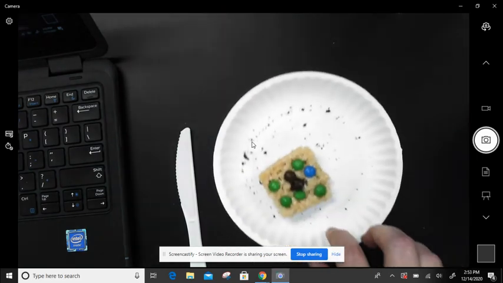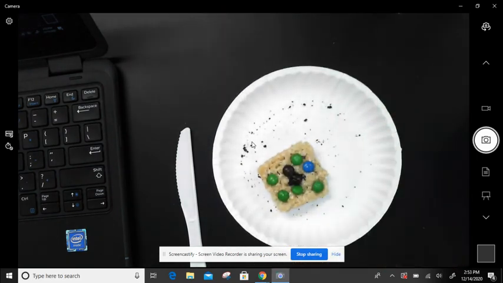Now, in this case, the gluing together or the cementation is coming from something that's already in the Rice Krispie. Hopefully, you've made Rice Krispie treats at home. But if you haven't, basically, you take butter and marshmallows and you put them over the stove and heat them up. The marshmallows melt and the butter melts, and it all becomes this gooey mess.